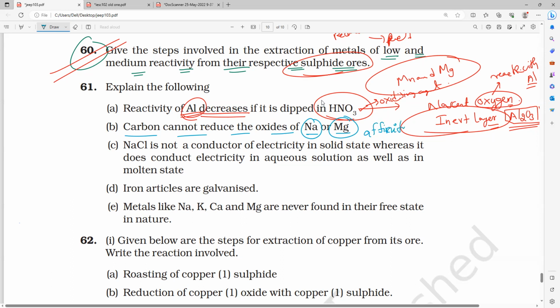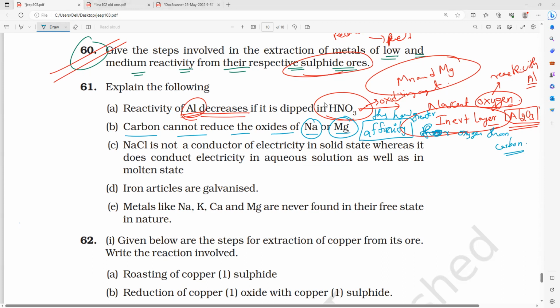You might have found this word, am I right or wrong? So, they have greater affinity for oxygen than carbon. I think you find the word affinity. Where do you find it? Anybody? Page number, please.